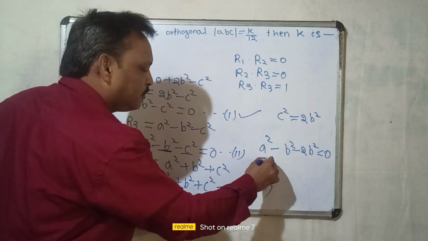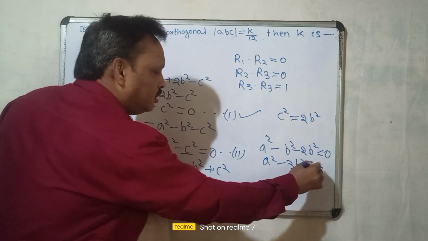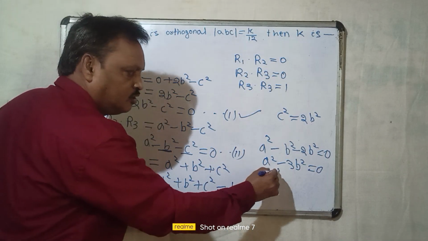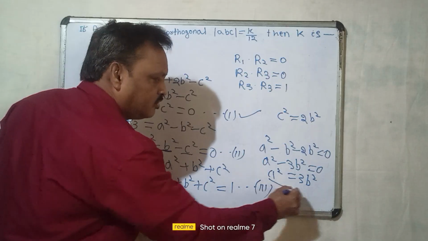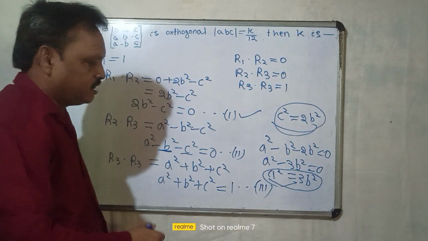Now a square minus 3b square equal to 0. So a square is equal to 3b square and c square is equal to 2b square.